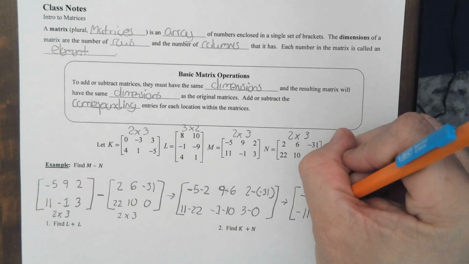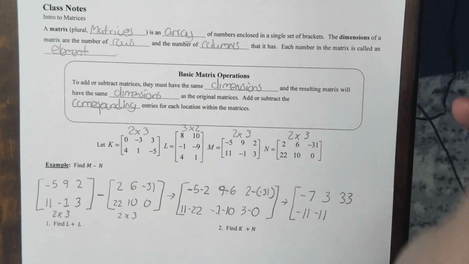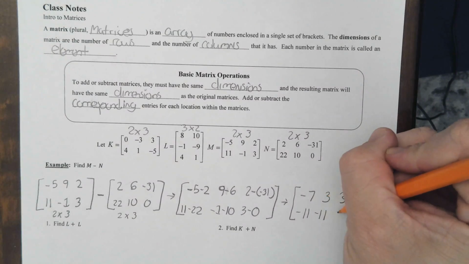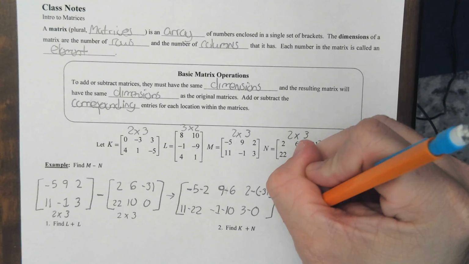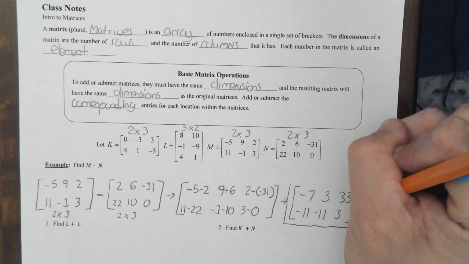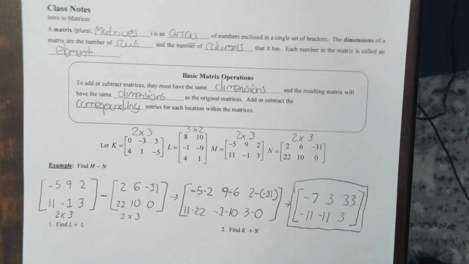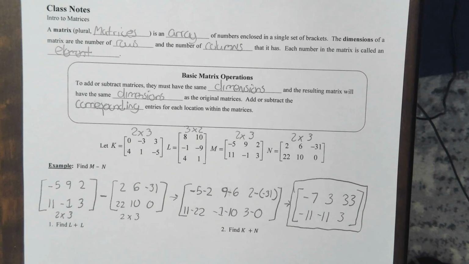Negative 1 minus 10, a negative 11. And that's okay if elements repeat. 3 minus 0 is 3. And that right there is your final answer. So that is m minus n there. Okay?